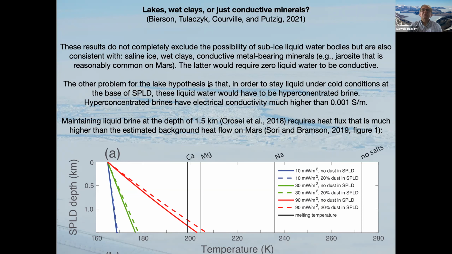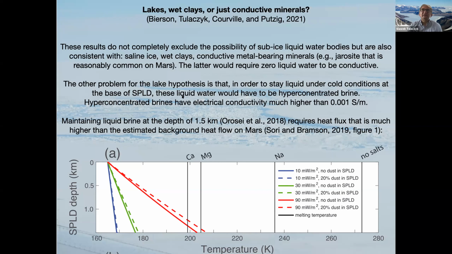The other problem with retaining a briny lake as an explanation is that, if it's a briny lake, it should be electrically much more conductive than 10 to the minus 3, basically. Hyperconcentrated seawater, at least on Earth and at temperatures on Earth, is already like 3 to 5 Siemens per meter, and we would expect brine to be somewhat higher conductivity.